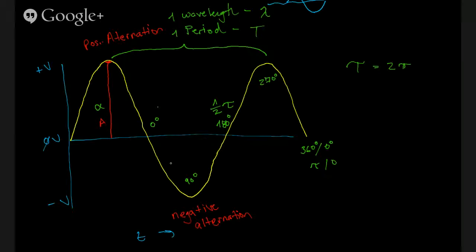In terms of radians, quarter tau, quarter turn, 3/4 turn. Right, so there's a few ways we can quantify our alternating current waveform here.